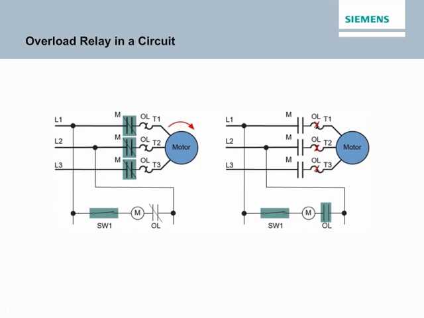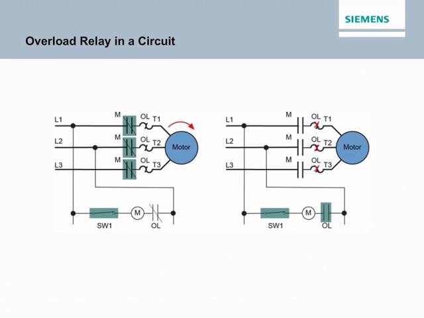The accompanying graphic symbolically shows a motor circuit with contactor contacts, M, and overload relay contacts, OL. The circuit on the left shows the contactor and overload relay contacts closed and the motor is running. In the circuit on the right, an overload has occurred and the overload relay contacts have opened. The normally closed overload relay contacts in the control circuit also opened when the overload relay tripped.